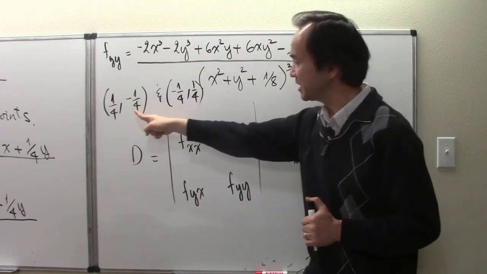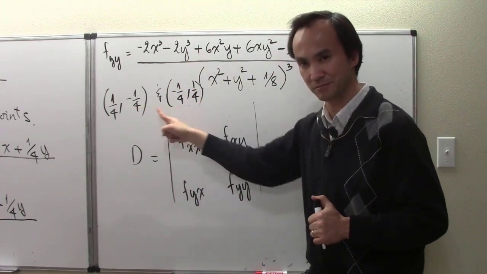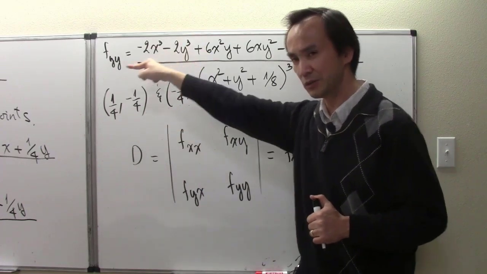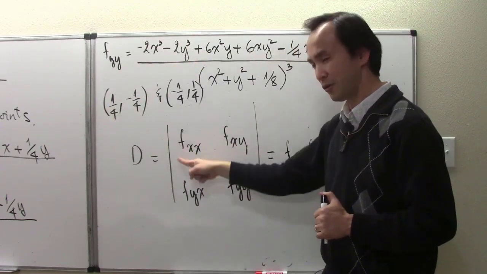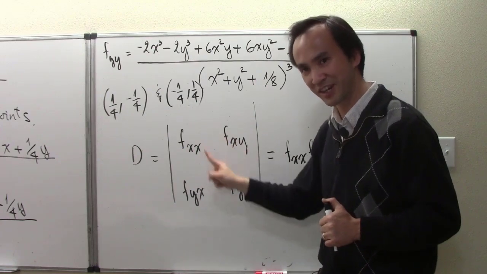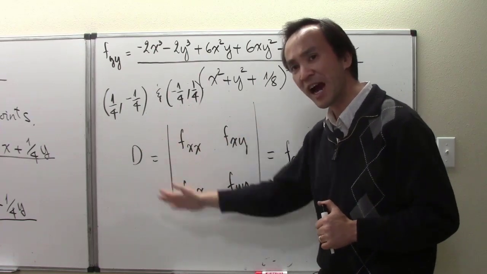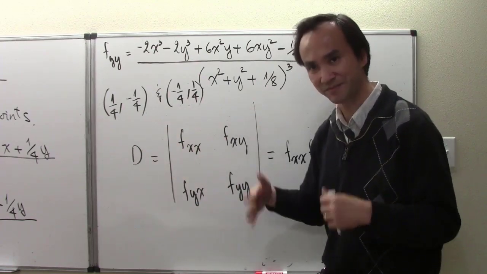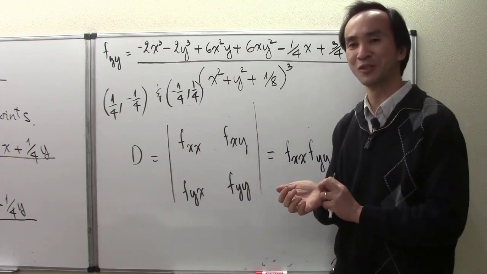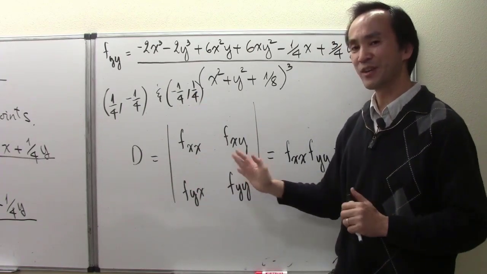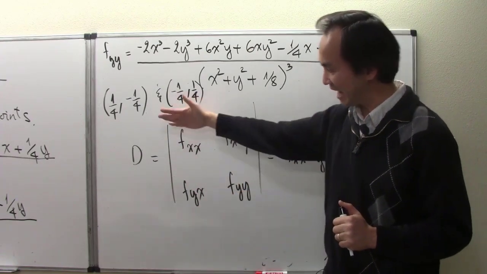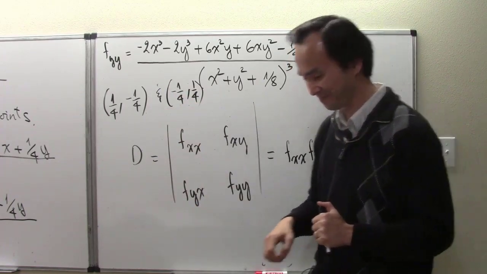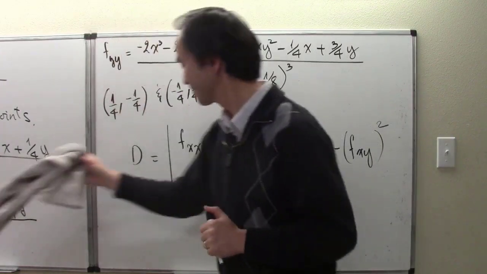We can substitute these points in turn into the three second partial derivatives, and then evaluate the D expression. I'm short of space, so allow me to clear out my board right here.